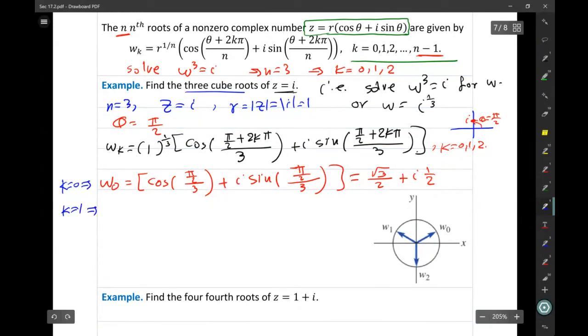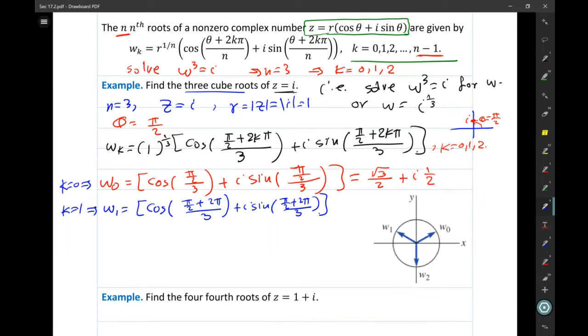When k is equal to 1, you will get w1, which is cosine. Now substitute here k equal to 1: (pi over 2 plus 2 pi) divided by 3, plus i sine of (pi over 2 plus 2 pi) divided by 3.